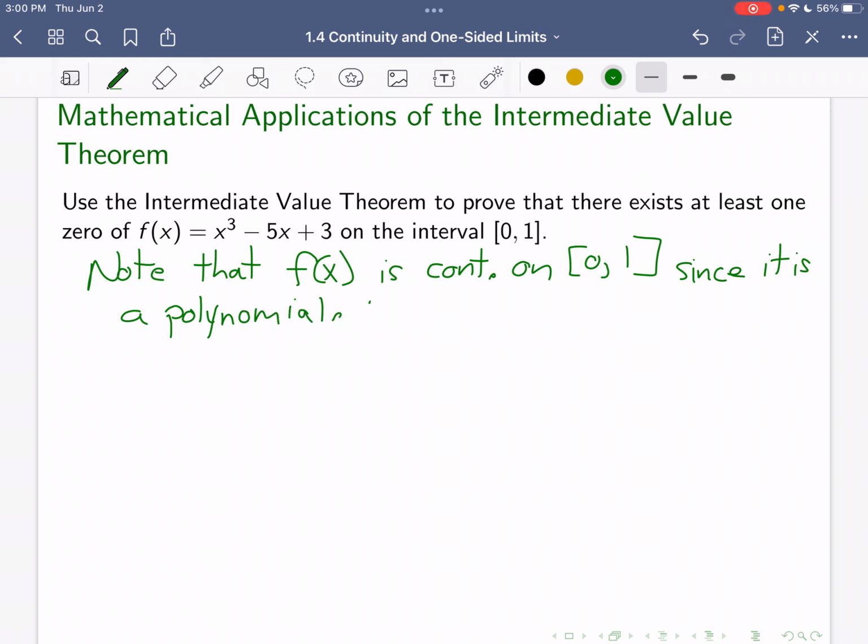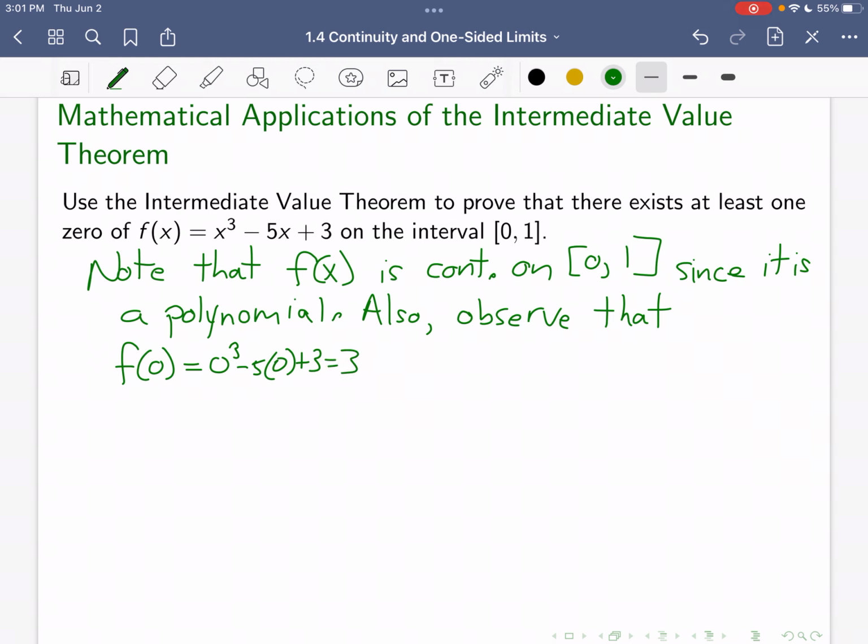Also, observe that our function value at 0 is 3, and our function value at 1 is -1.